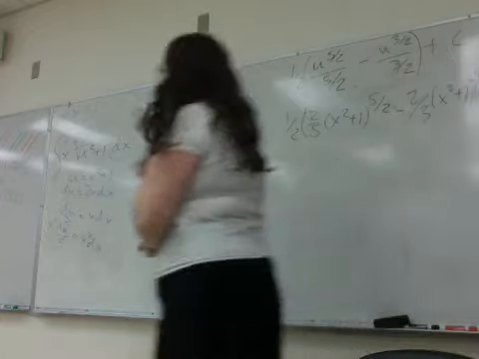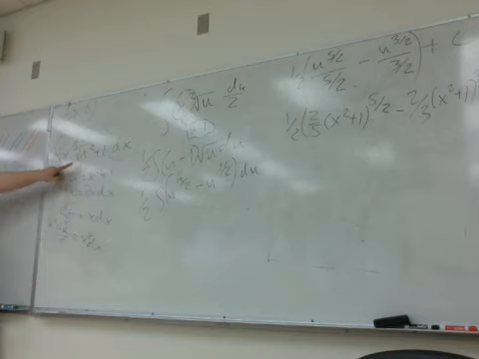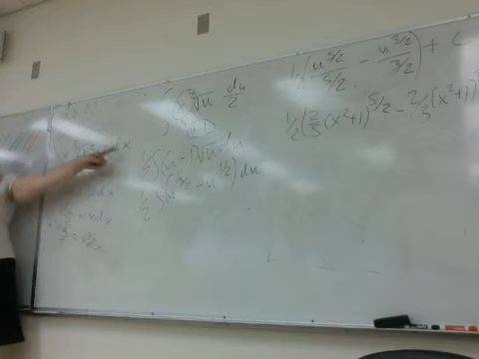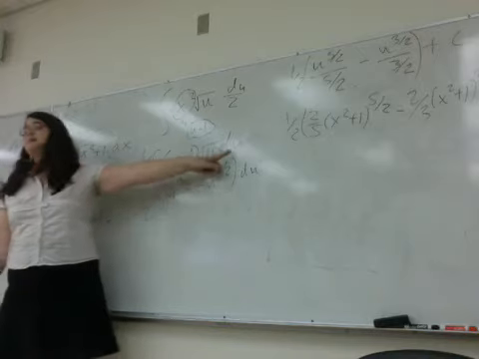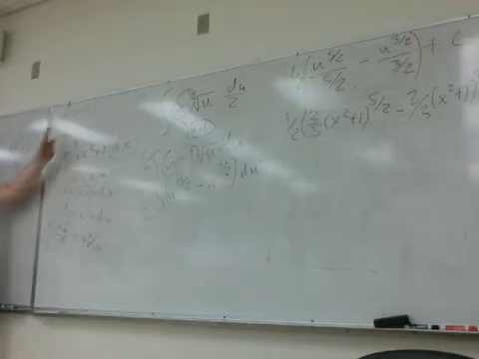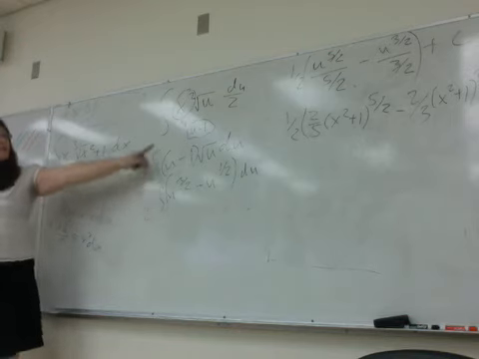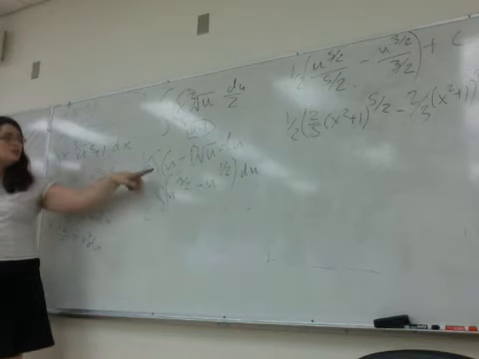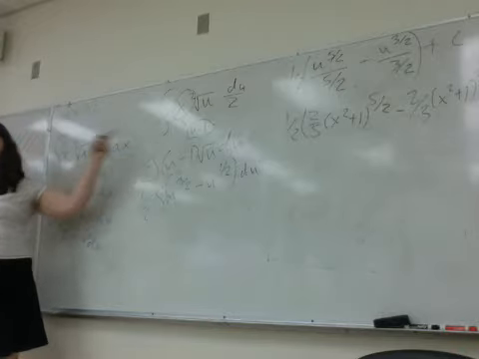The second way of doing them is what's called changing the limits of integration. The idea is when you do substitution, you take an integral with respect to x, an integral dx, and you turn it into an integral with respect to u, an integral du. Now here, these limits of integration tell you what the smallest x value is and what the biggest x value is. What we can do is figure out what the smallest u value is and what the biggest u value is.